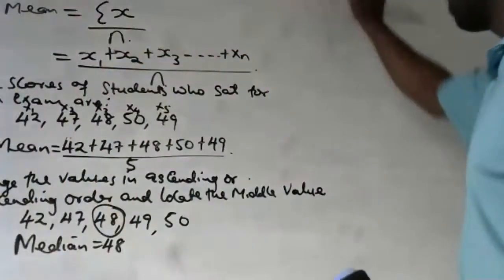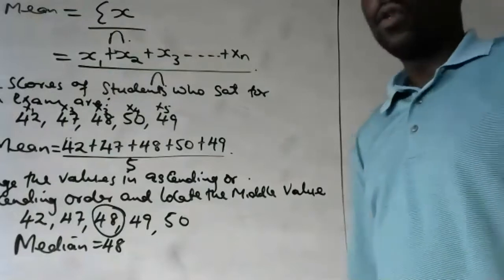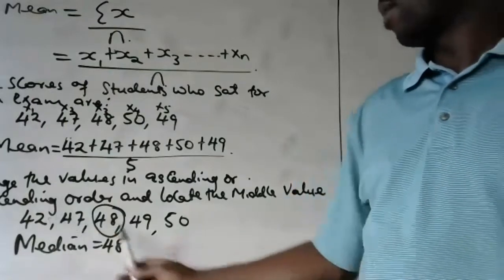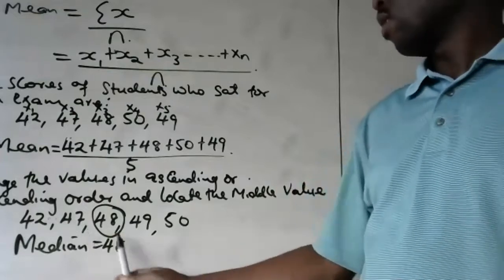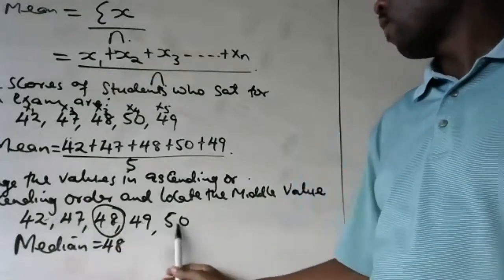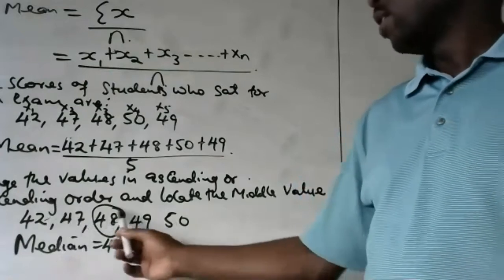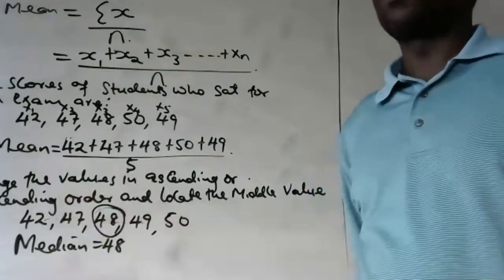But remember, sometimes you can have an even number of values. This one is very easy because we had 1, 2, 3, 4, 5, and 5 is an odd number. When it is an odd number, it is very easy to locate the middle value.